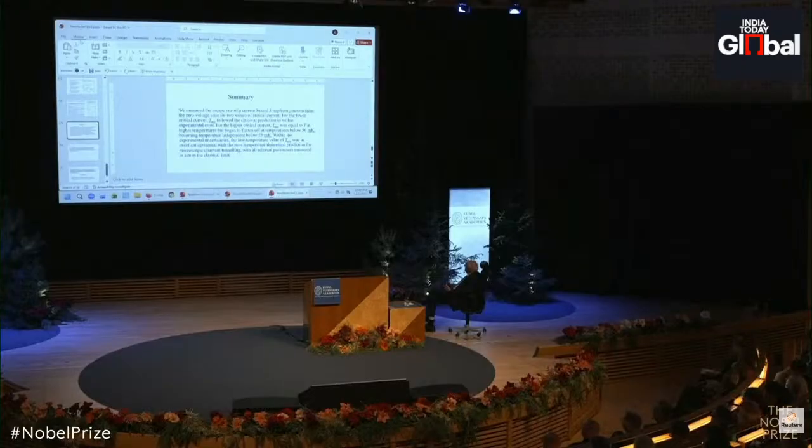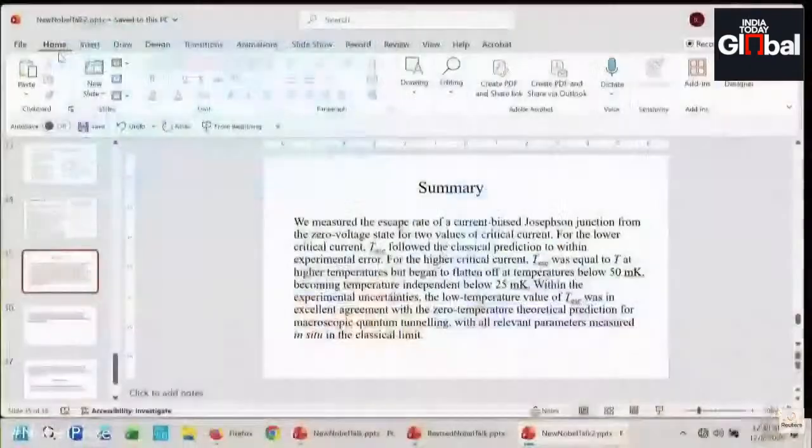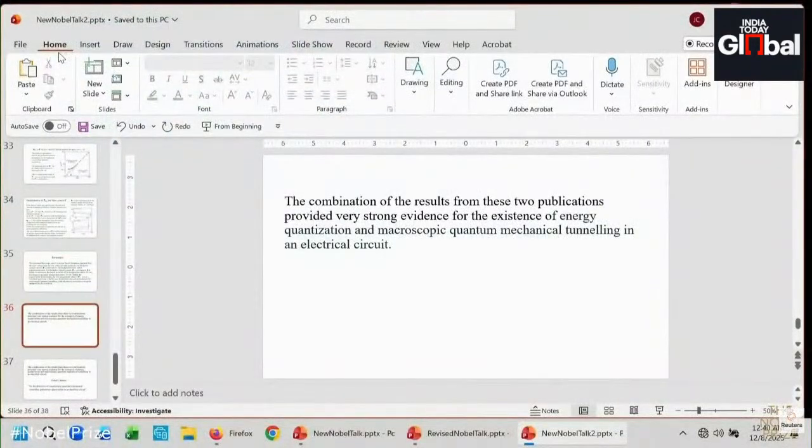Within the experimental uncertainties, the low temperature value of T escape was in excellent agreement with the zero temperature theoretical prediction for macroscopic quantum tunneling, with all relevant parameters measured in situ in the classical limit. The combination of the results from these two publications provided very strong evidence for the existence of energy quantization and macroscopic tunneling in an electrical circuit.